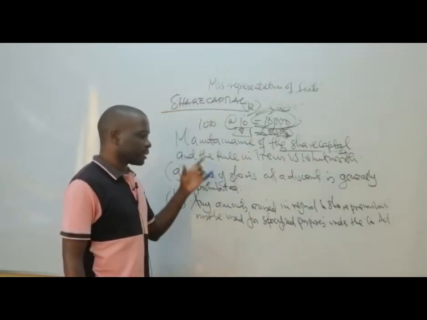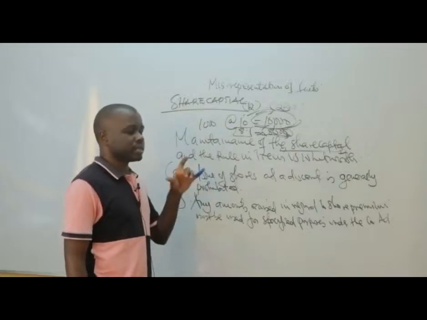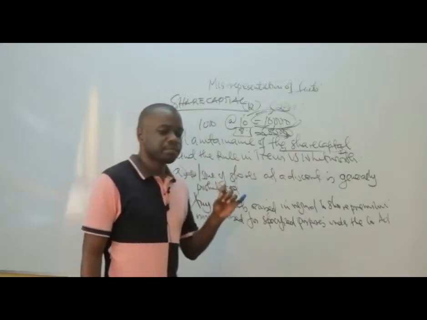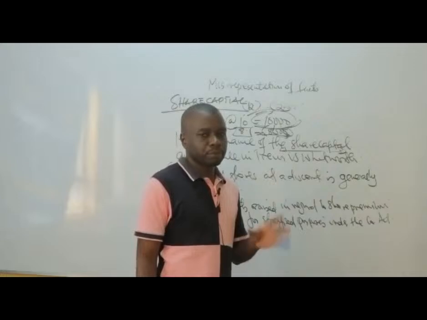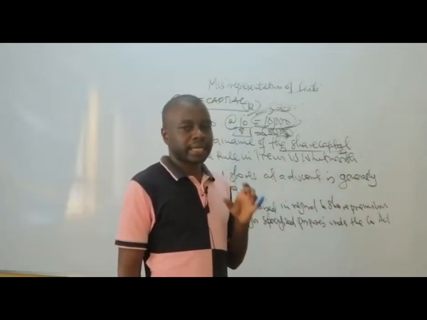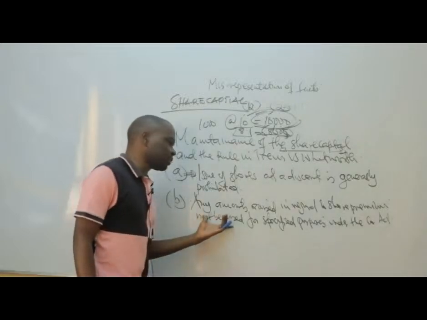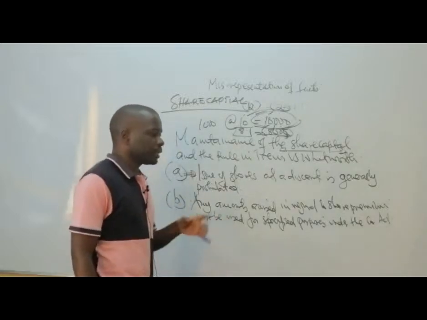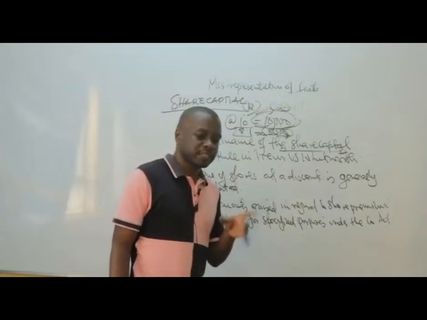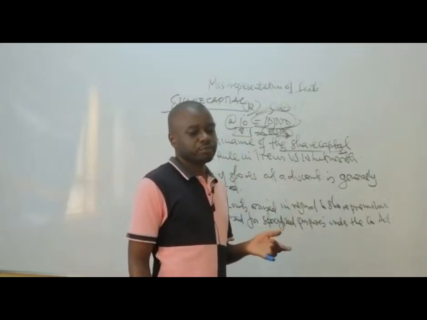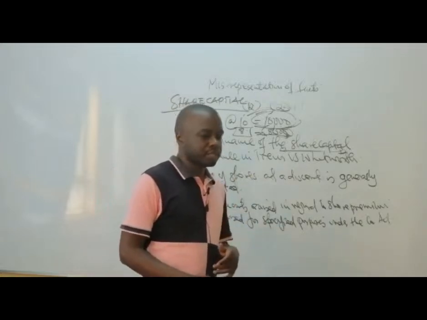So any share premium account maintained by the company must be used for the specified purposes as required under the Companies Act. Not that the company goes there to draw money and use it for any other expenditure. It must be for those particular specified purposes.